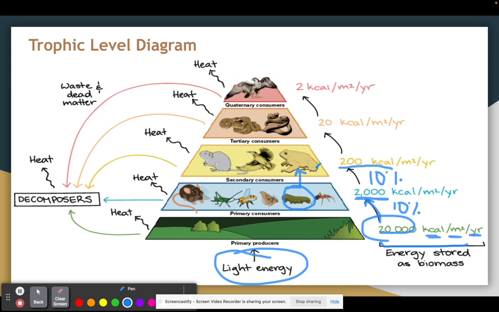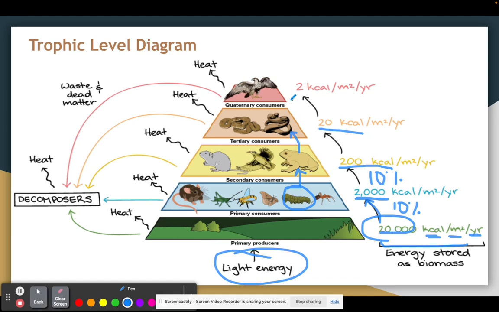So they will use that energy up, they'll store their biomass. And then when you have something like this snake eats the frog, because the frog has used up 180 kilocalories per meter squared per year to live and do whatnot, when the snake eats it, it actually only gets 20 kilocalories from that frog.